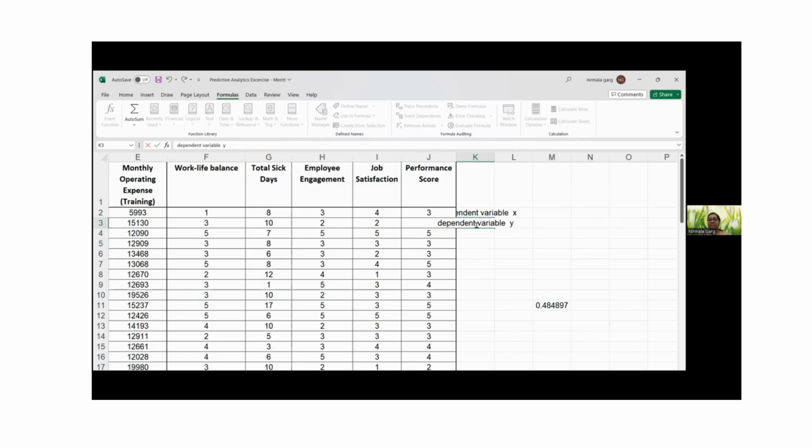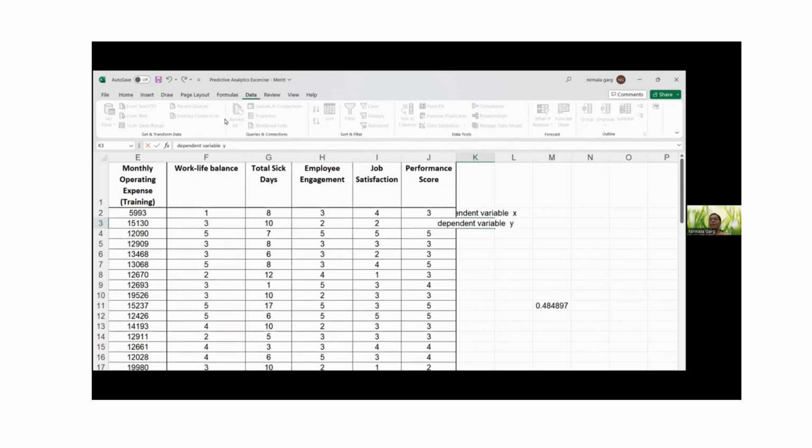Now, there are two ways of doing this, but first, if you want to do a regression, go to Data.